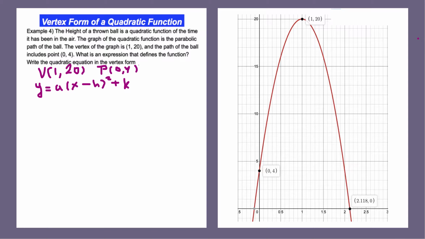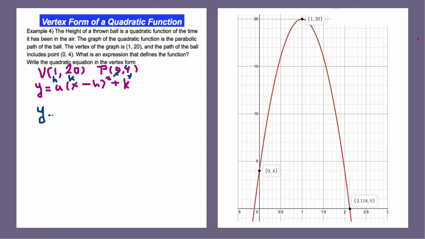This is h, this is k, and this is 4, right, 4. This is the x coordinate of the point, and this is the y coordinate of the point. This is y.